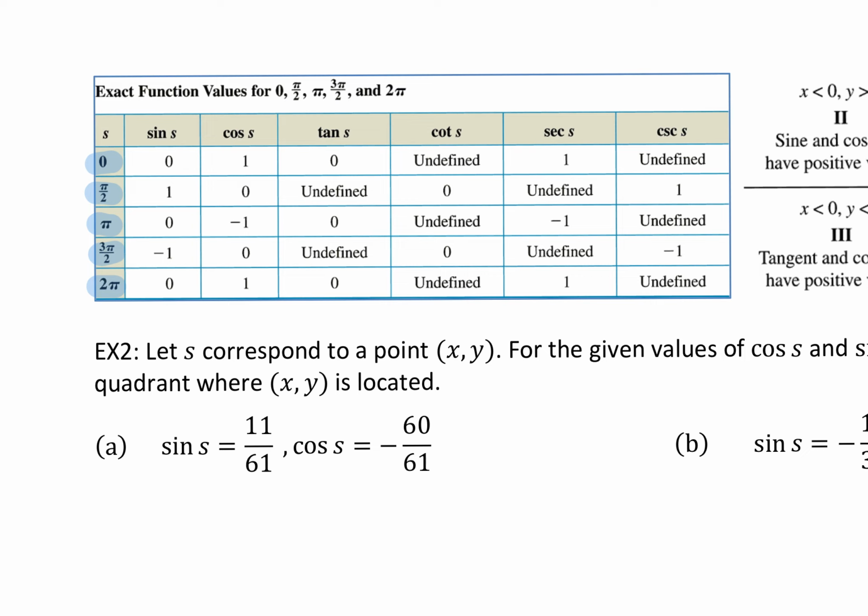Then it gives you the corresponding values for sine, cosine, tangent, cotangent, secant, and cosecant. If we look at 0, sine of 0 is 0, cosine is 1, tangent is 0, cotangent is undefined, secant is 1, cosecant is undefined, and so on. So you can use this chart for reference.